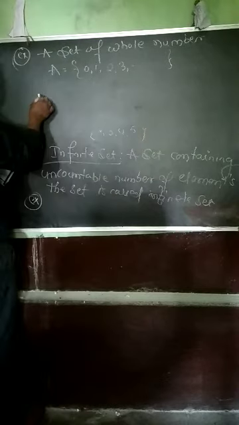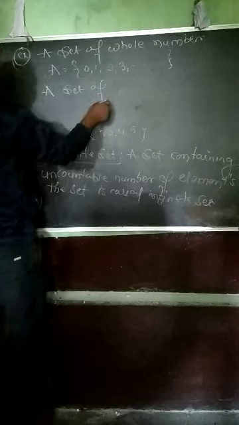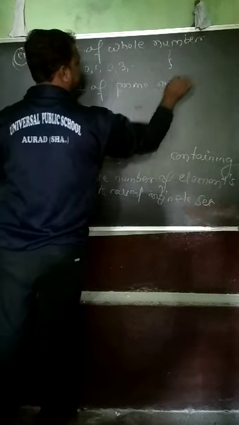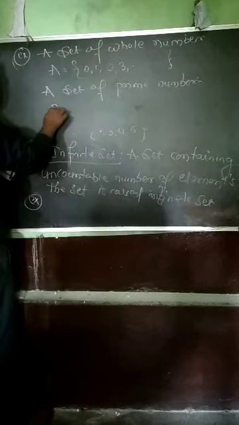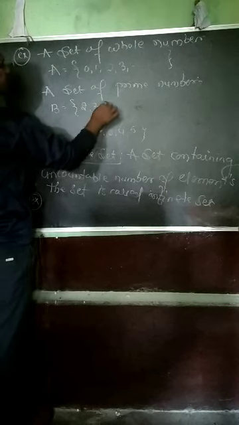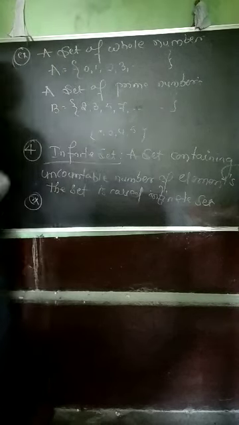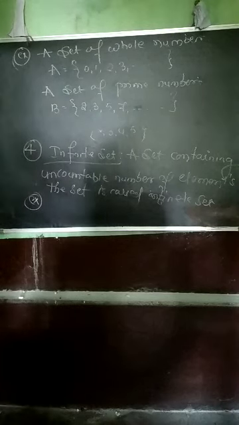And again, a set of prime numbers, B is equal to 2, 3, 5, 7 and so on. See here, these are infinite sets.